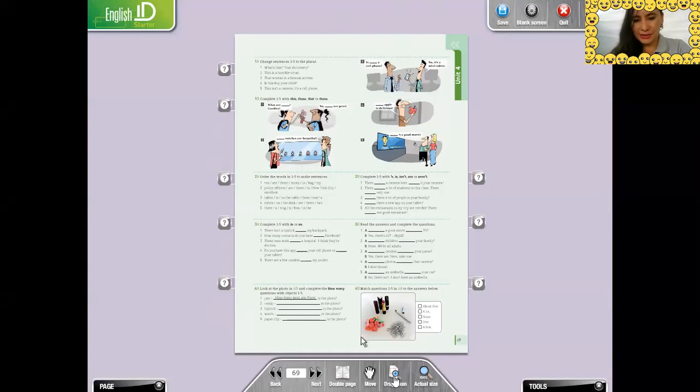These are the exercises we're going to complete right now.